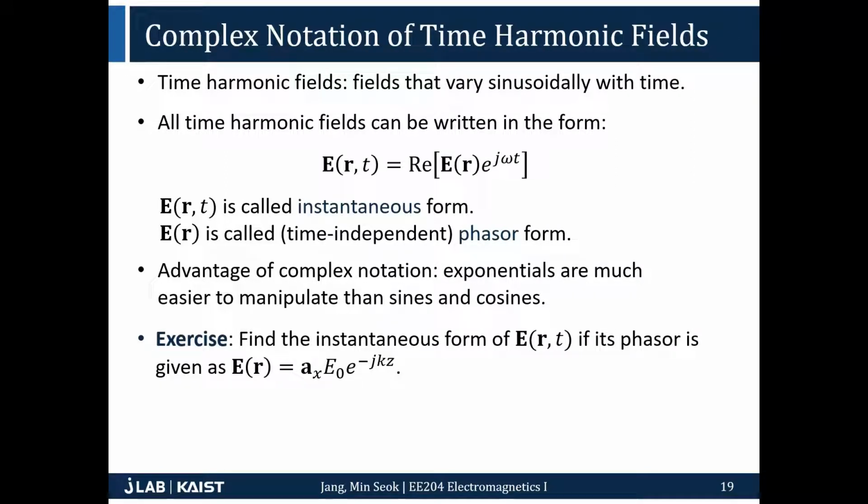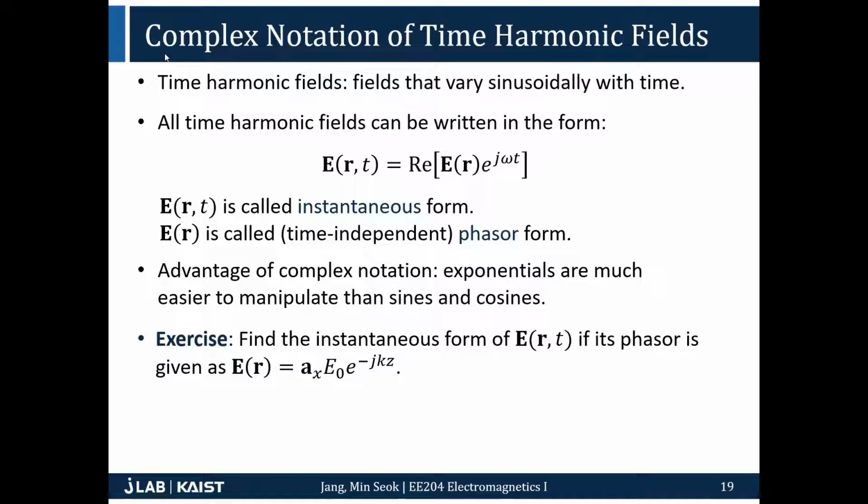And before we go further, I want to introduce a few more mathematical notations for you, which make our lives much simpler. Because this is an elementary class, we want to just work on time harmonic fields.